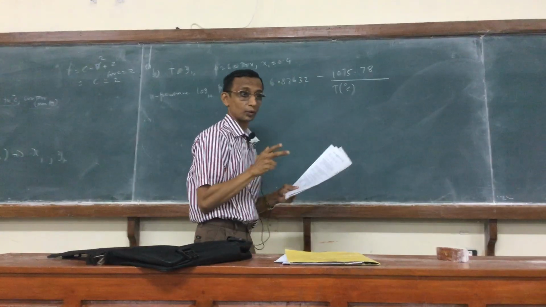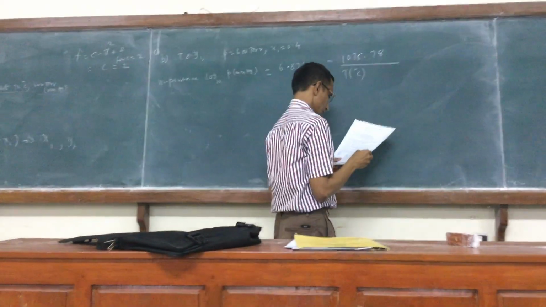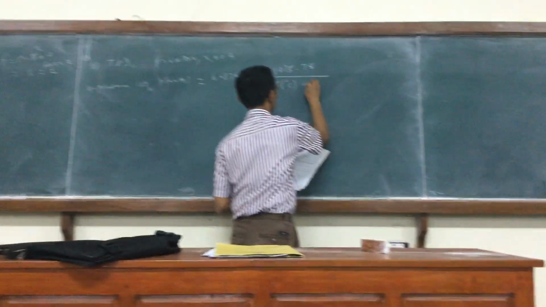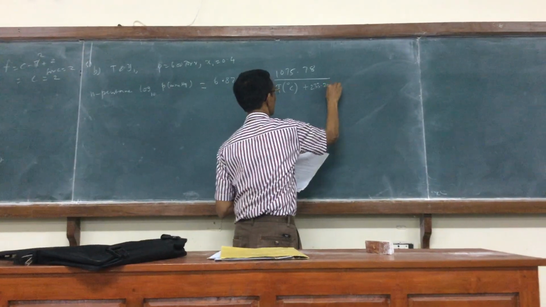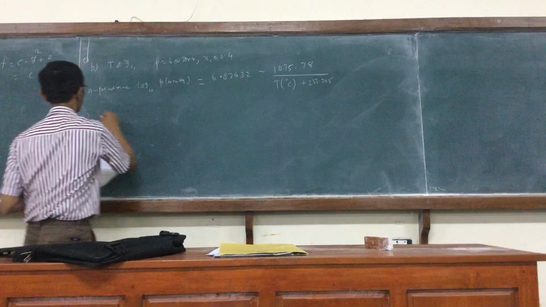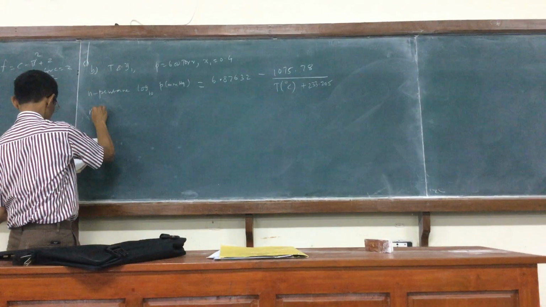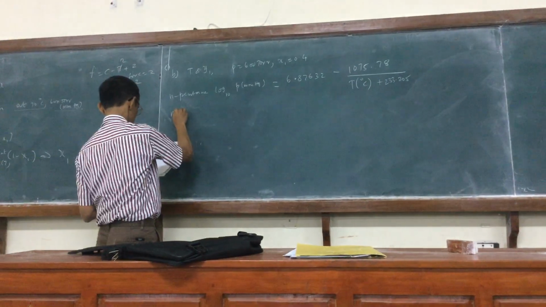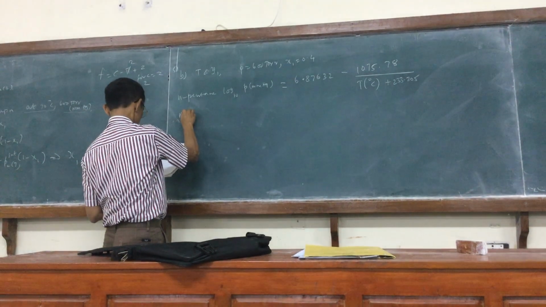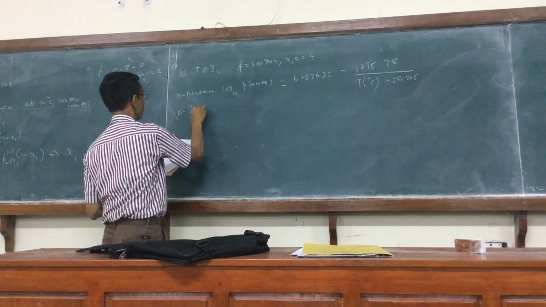That's very important to keep in mind. And the C is 233.205, and the same thing for n-heptane is what is given.